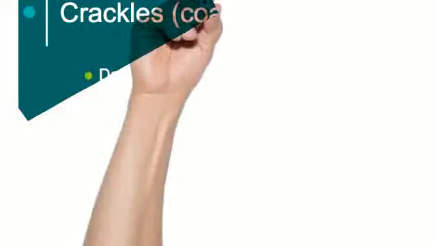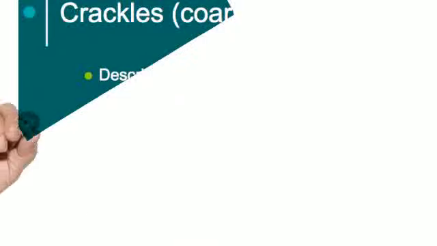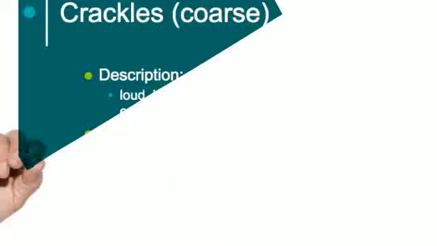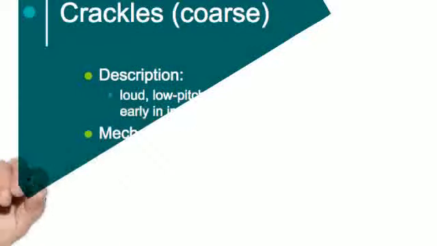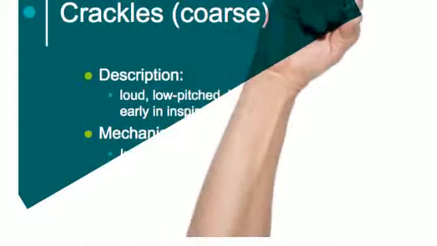Now, remember, sounds of this type are so short, less than 250 milliseconds, that they have been called discontinuous, which means that they are indeed less than 250 milliseconds. This term does not refer to the length across the respiratory cycle. Crackles are therefore so short that they can't really have any musical characteristic.